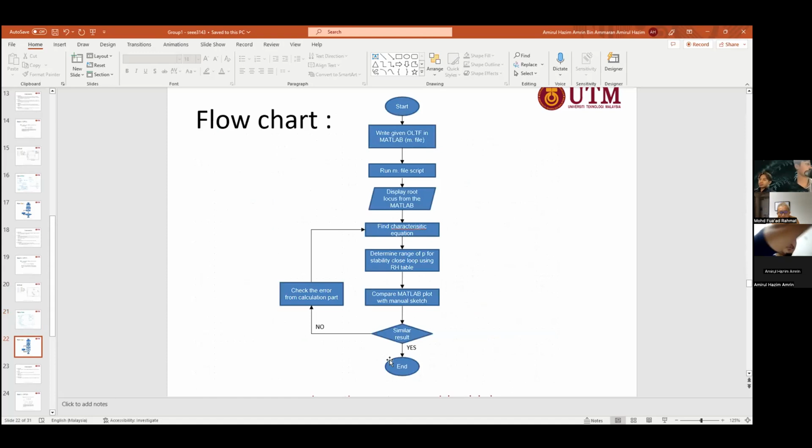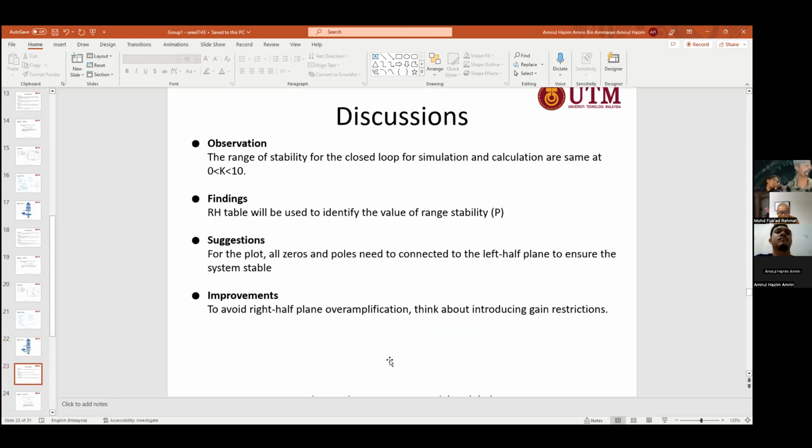This is the flowchart that we use to identify the answer for 7.4. For the discussion part, what we observe is the range of stability is K less than 10 and K more than 0.